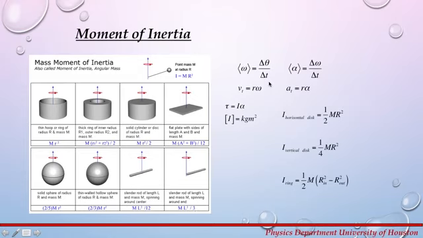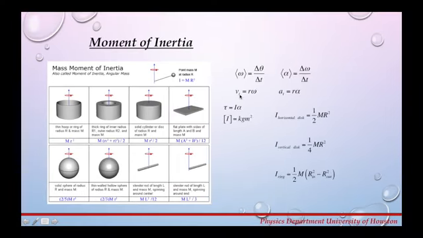The angular motion of an object is described by its angular displacement theta, the angular velocity omega, and angular acceleration alpha. The average angular velocity is a change in angular displacement over a period of time, and average angular acceleration is a change in angular velocity during the period of time.